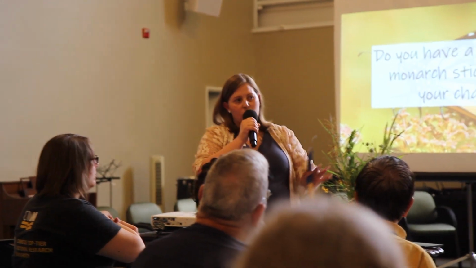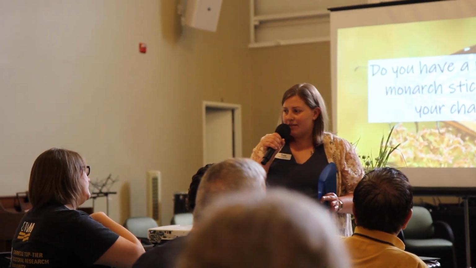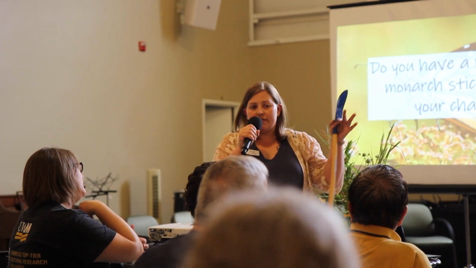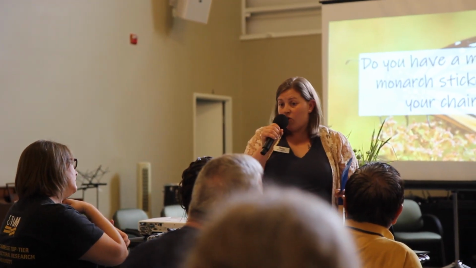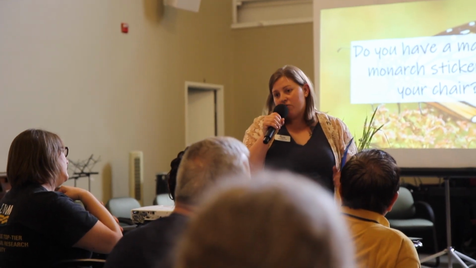I leave my leaves. I may rake my leaves out of the grassy area of the yard, but I put my leaves in my flower beds, and it insulates the soil. It also keeps all of the insects that have fallen off of my native plants, buried in there. That's where they're overwintering. So if you want more butterflies and moths and fun things like that, leave the leaves.